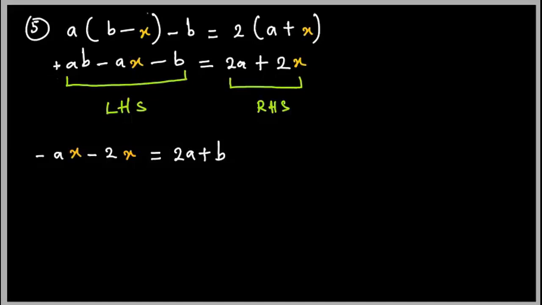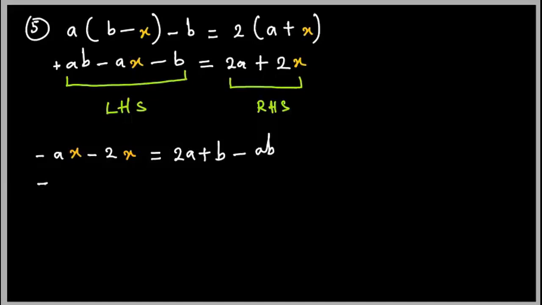If plus ab comes over to the right, it becomes minus ab. So as you can see, we're taking like terms in x. So now let's factorize. As we know, now minus is common to both terms. 3x and 2x have minus on them. So bring out the minus.